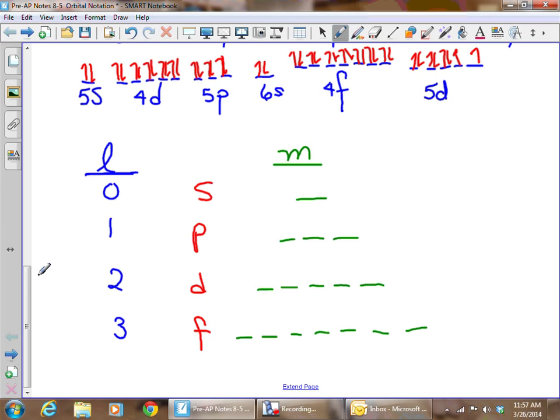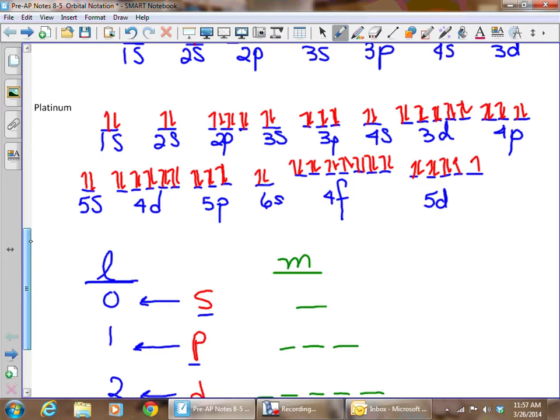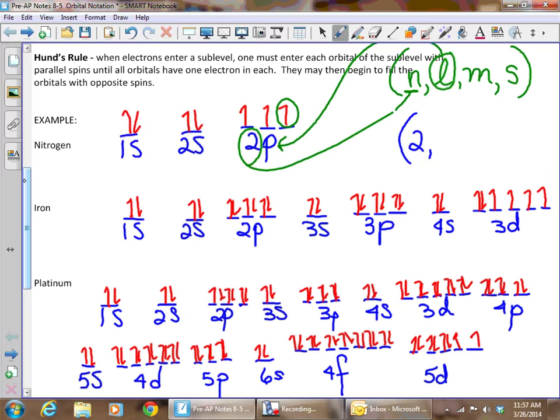I wrote the sublevels down, S, P, D, and F, and showed that those sublevels are given designations of 0, 1, 2, and 3, respectively. So if it's an S sublevel, the second quantum number would be a 0. If it's a P sublevel, it would be a 1, etc. In our example above, that last electron is in a P sublevel.